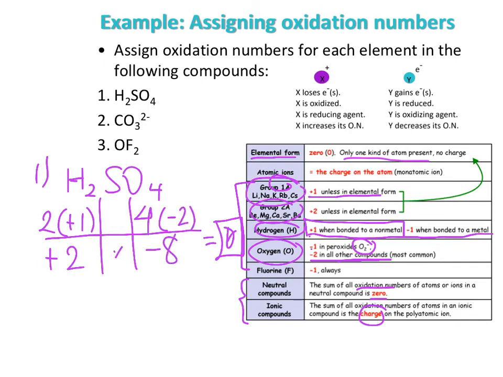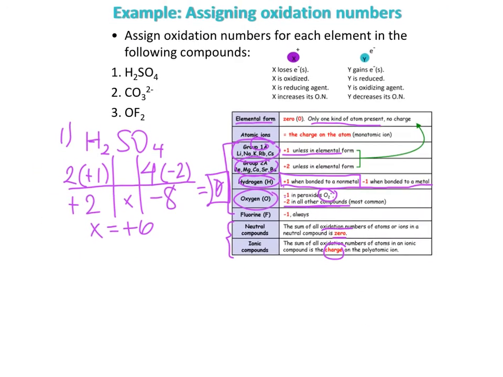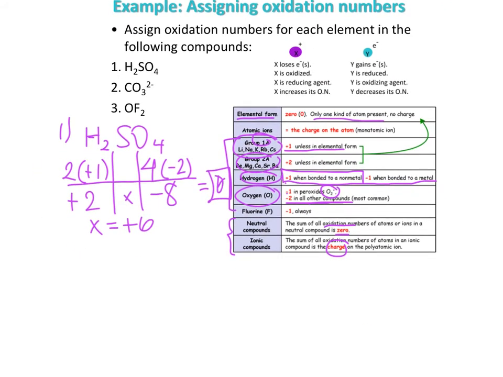So now what we have is x left, so we have to solve for x. So +2 minus 8, in order for this to cancel out and equal 0, your x is going to equal +6. So the oxidation number for each of these elements, H, S, and O, oxygen, not 0, sorry.